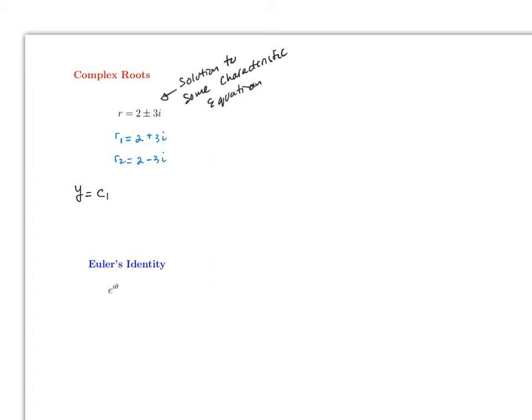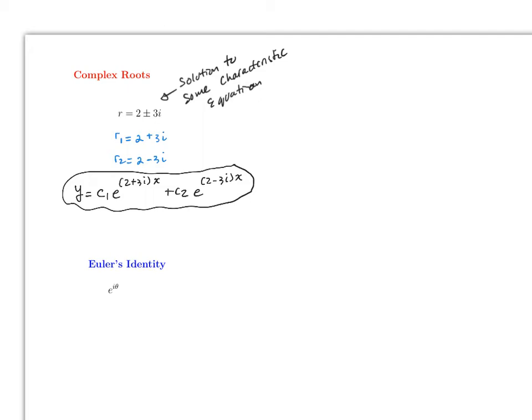It should be c1 e to the 2 plus 3i x plus c2 e to the 2 minus 3i x. And this is technically correct. There's technically nothing wrong with this, except that this is not very practical because of the complex numbers.